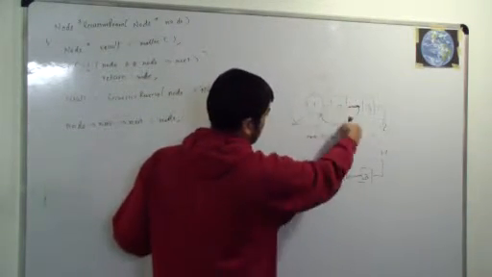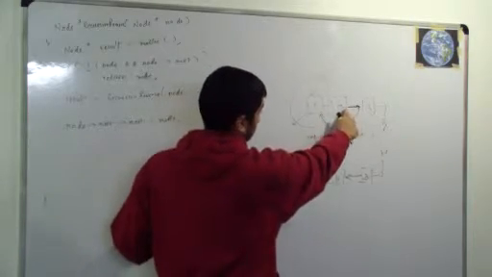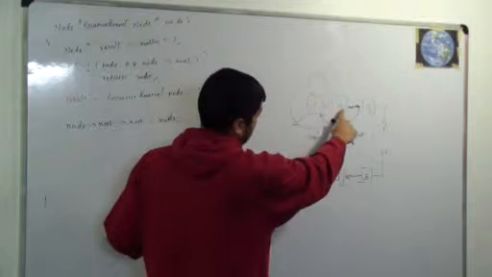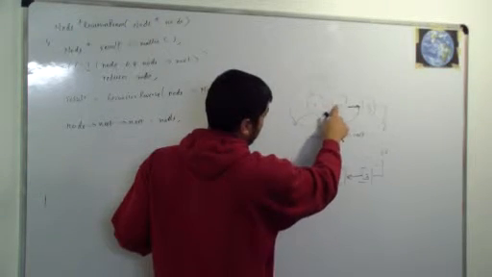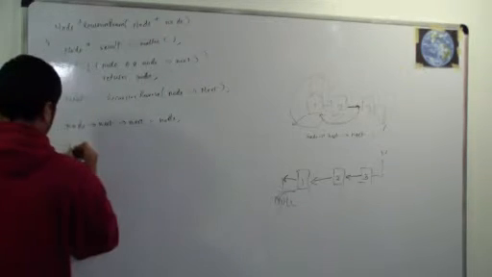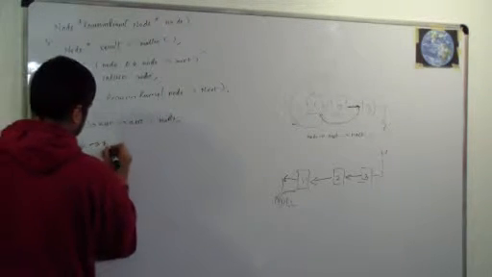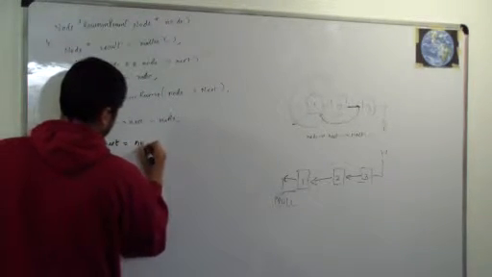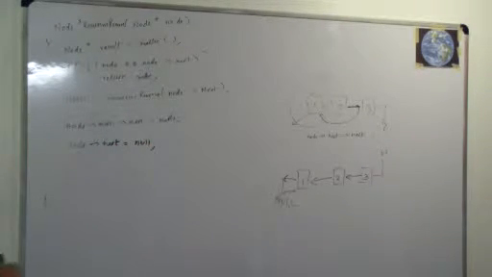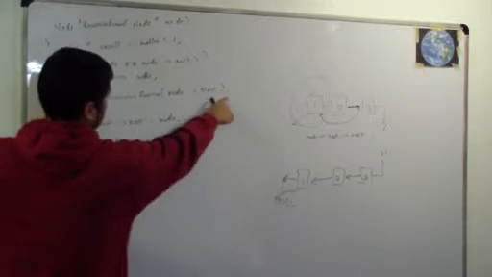The next guy is supposed to be pointing to me instead of pointing ahead. So it started pointing to me. Now my next has to point somewhere. Has to point to null. So node next equal to null. Everything else will be taken care of by this.